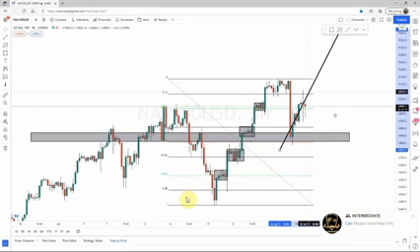And all you want to do, when we talk about trend lines, is we're using them for confirmation. So that's the start of my trend line. I now want to see price respect my trend line.